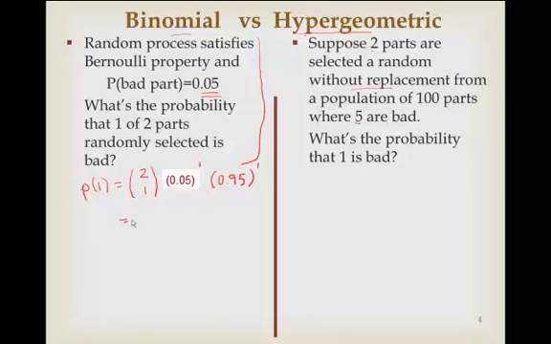And when we calculate that all out, it's 0.095. Okay, so that's a Bernoulli process and a binomial distribution.